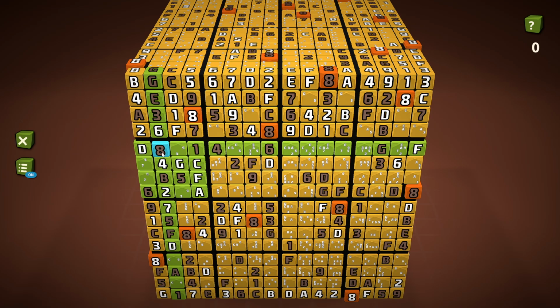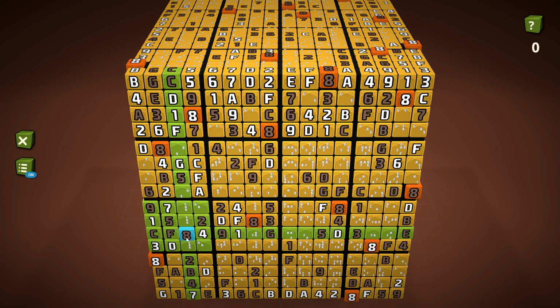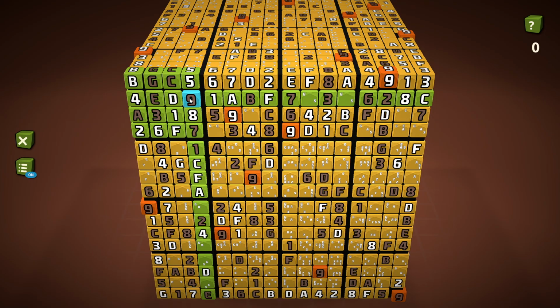We're not winning this fight right now. Far right, 3rd row. Only one spot that can be an 8. Yep.